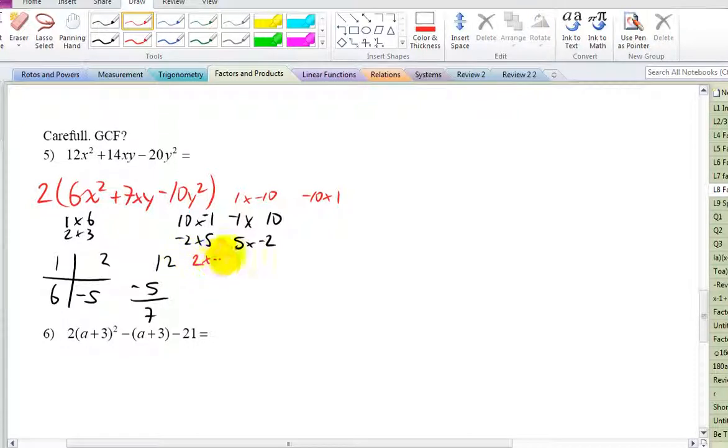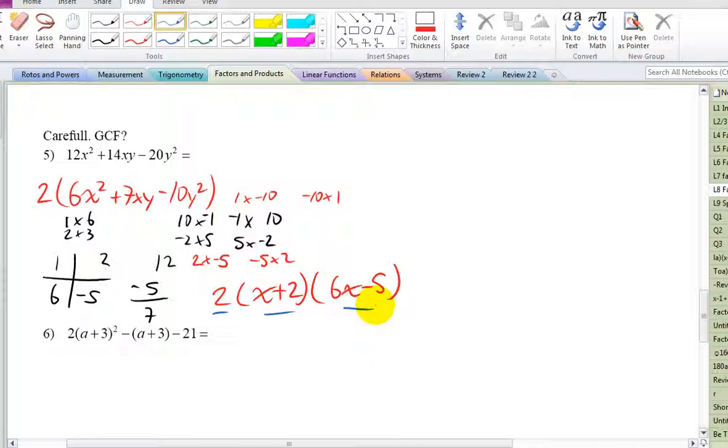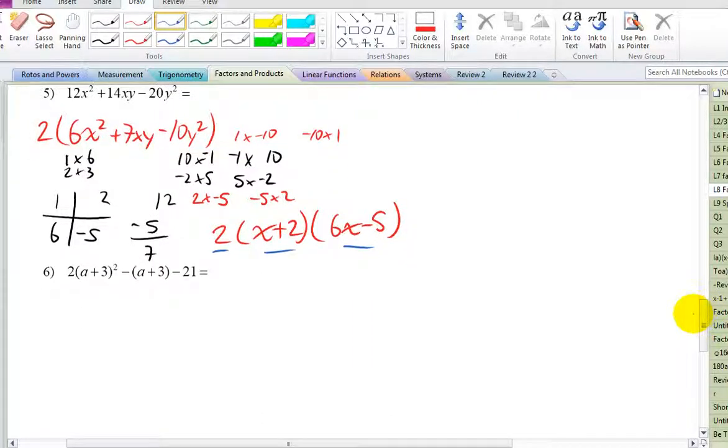Okay, my apologies for leading you astray. So then my factors are 2 bracket x plus 2 and 6x minus 5 in brackets. So I have 1, 2, 3 factors. Okay. Now you could do decomp as well.